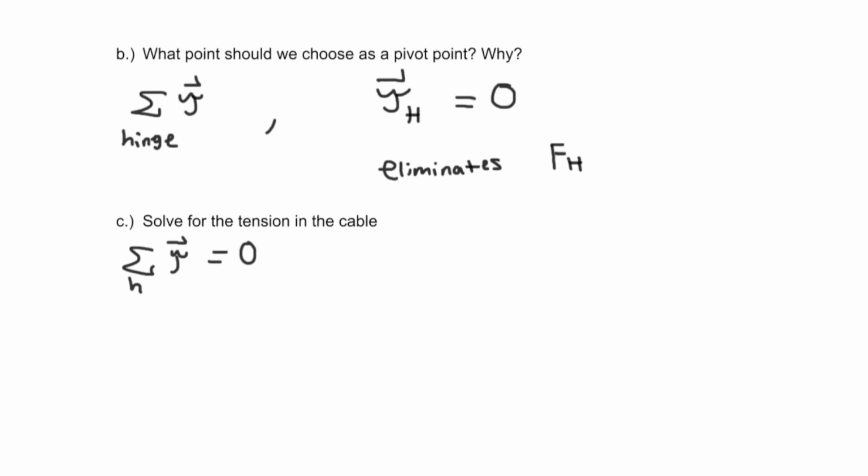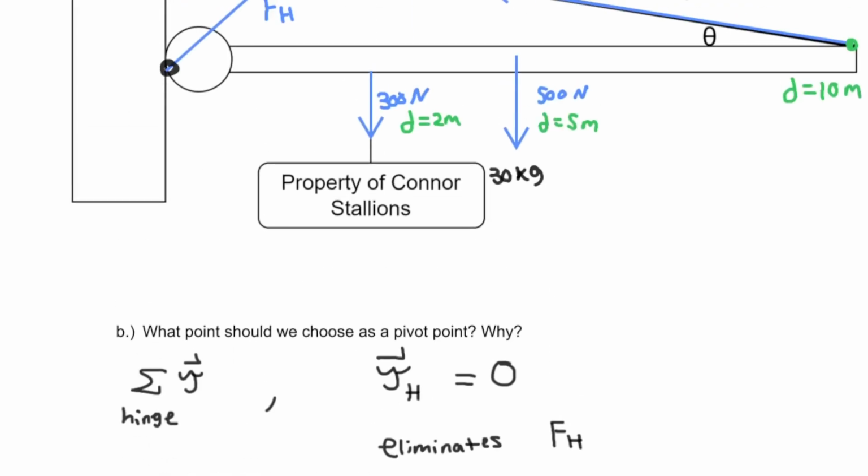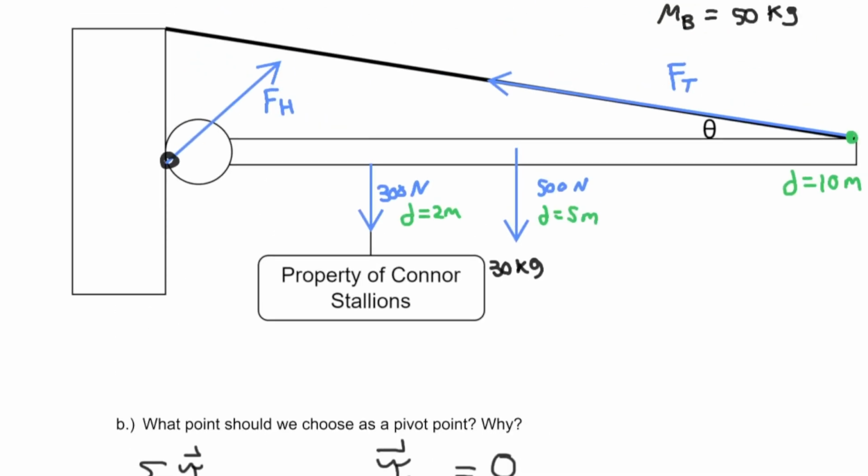So what this means is that the clockwise torques have to sum to equal the counterclockwise torques. So in this example, since I'm summing about the hinge, that eliminates the hinge force.